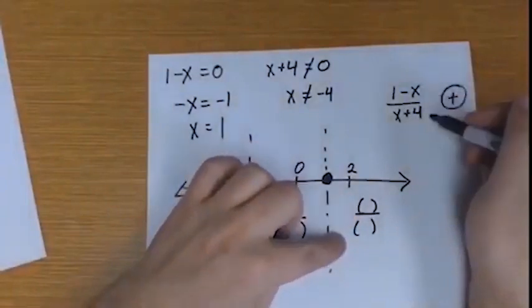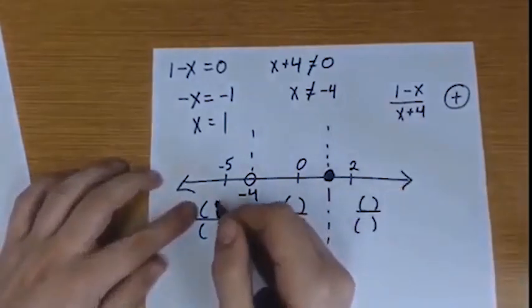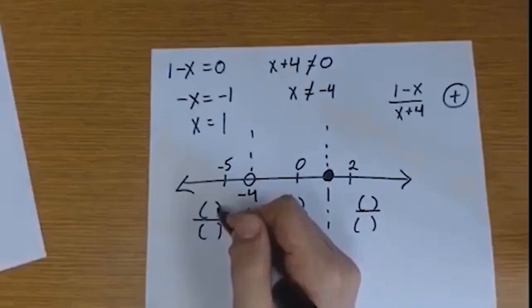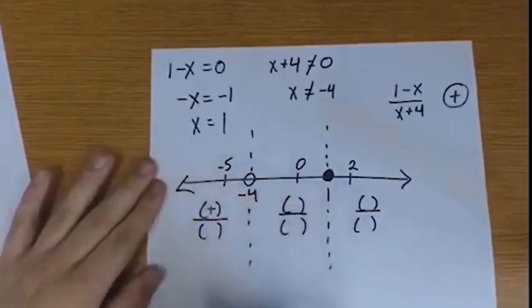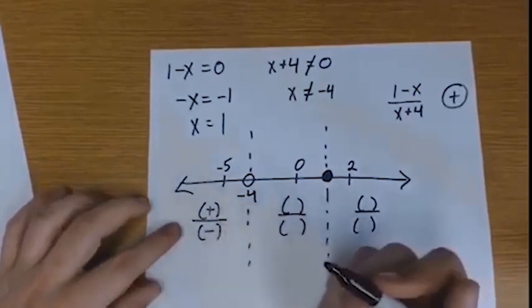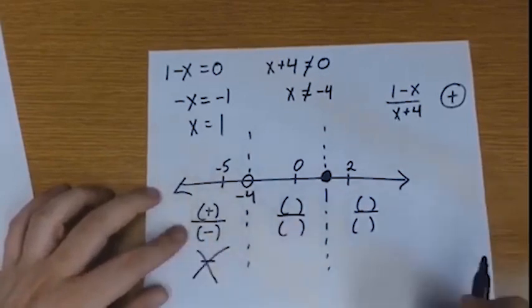The bottom represents x plus 4. So if we take negative 5, 1 minus negative 5 is 1 plus 5, which is 6, which is positive. Negative 5 plus 4 is negative. Positive over negative is negative. We don't want that section.